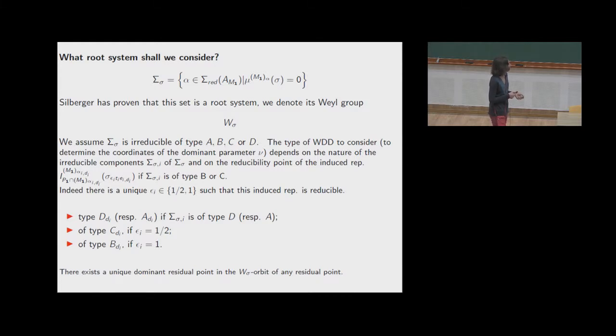Because we are in a generic context, these reducibility points are 0, 1/2, or 1. And one last remark is that if you look at the Weyl group orbit of a residual point, there is only one dominant parameter in this orbit.